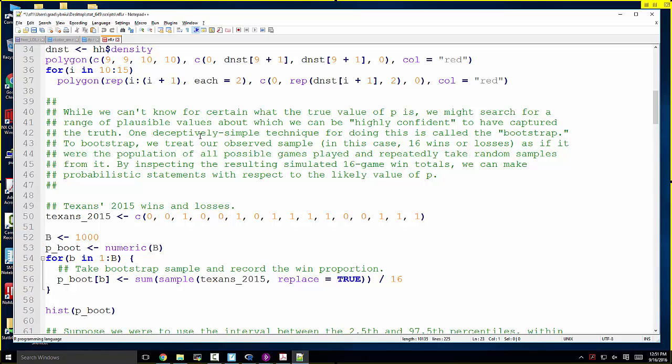We initially used the Bootstrap to compute an interval estimate for our parameter of interest, P, the probability they win a randomly selected game. Let's see if we can put together a lower bound and upper bound about which we can say, I'm such and such confident that the truth is inside of it. That's a confidence interval.